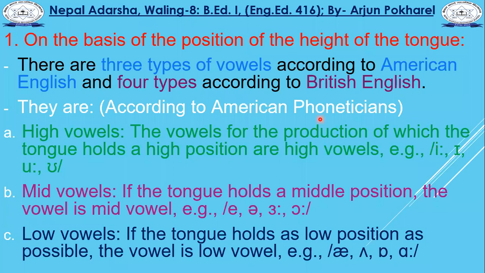We have these 12 different monophthongs, and we describe them in this way on the basis of the height of the tongue. By the height of the tongue, we can describe high vowels, mid vowels, and low vowels according to American phoneticians. Now, according to British phoneticians, what happens? Let's move to the classification of British phoneticians.